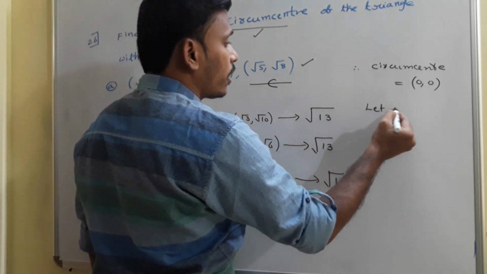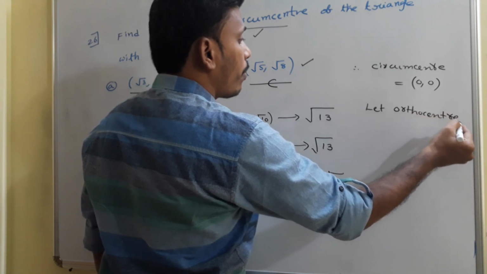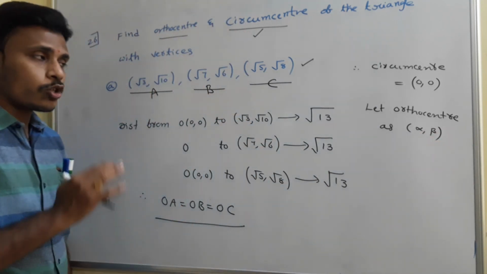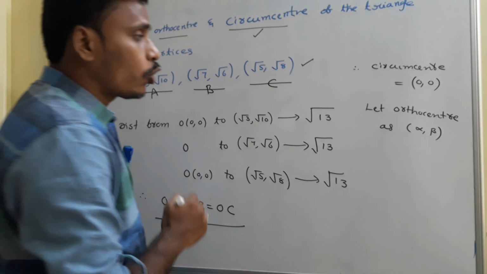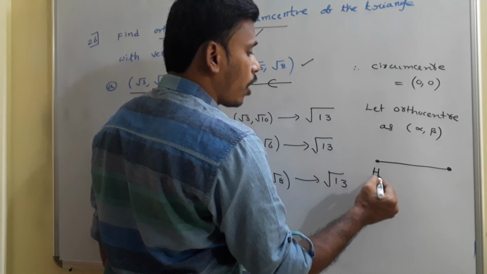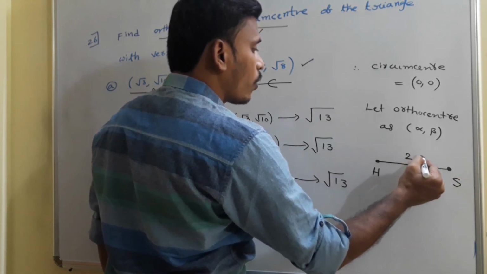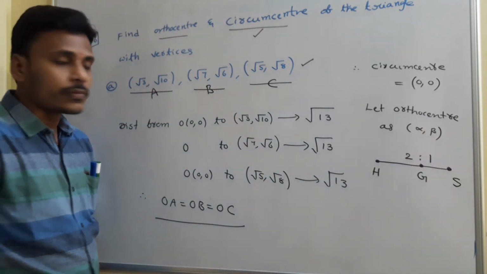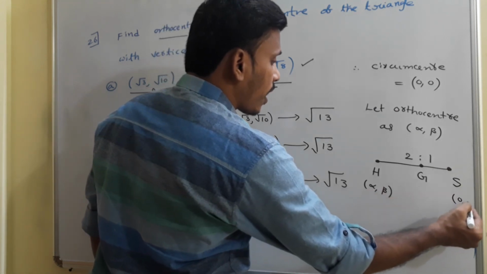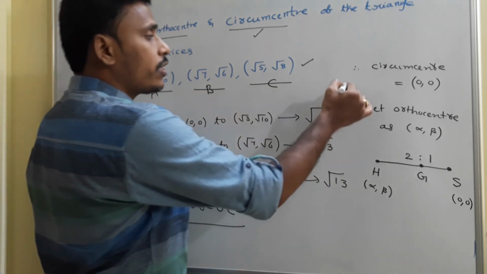To find the orthocenter, let the orthocenter be (alpha, beta). So the circumcenter is (0, 0) and the orthocenter is (alpha, beta). With the help of the Euler line, this is the orthocenter, this is the circumcenter, and on it we have the centroid, which divides in the ratio 2:1. What is the centroid from this discussion?